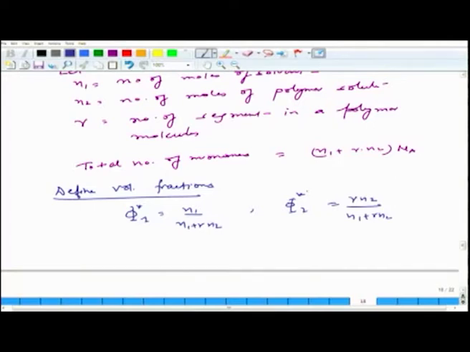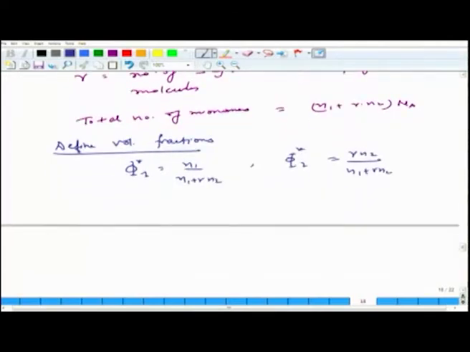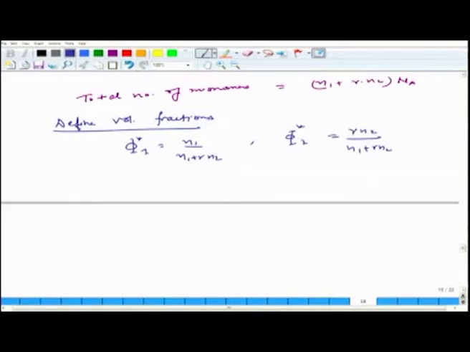So, this is the definition of volume fraction. Note that each monomer has the same size, and that is why it should be straightforward.